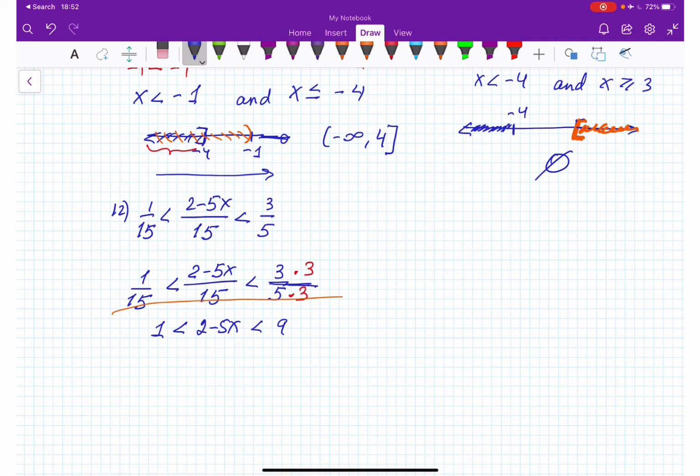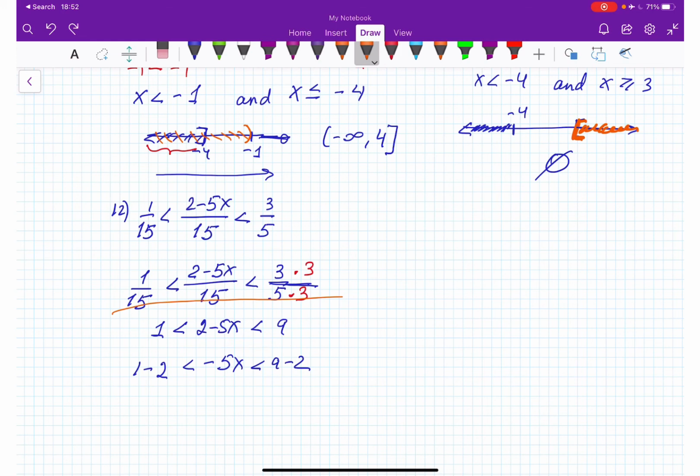Okay, so we need to move this, so we have negative 5x greater than 1 minus 2 and less than 9 minus 2. So we move these 2 on both sides and we flip the sign, obviously. Okay.